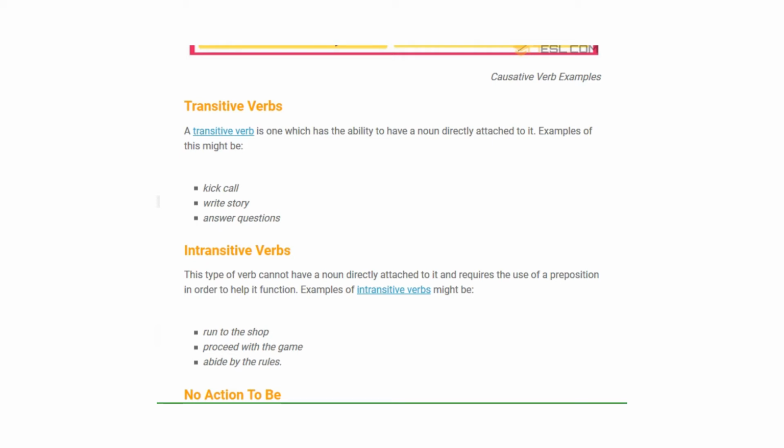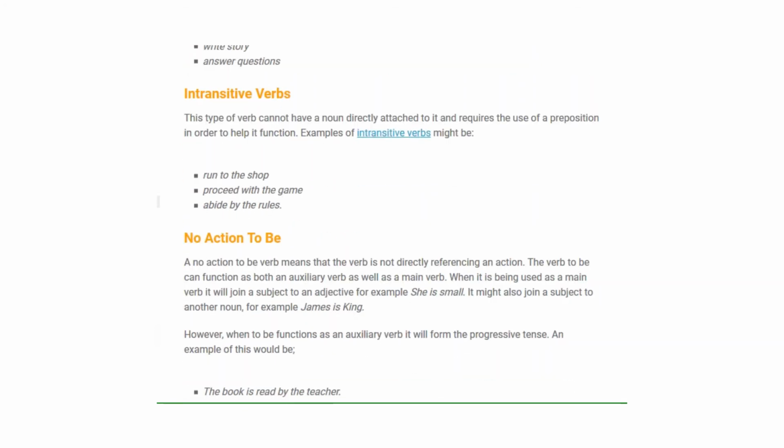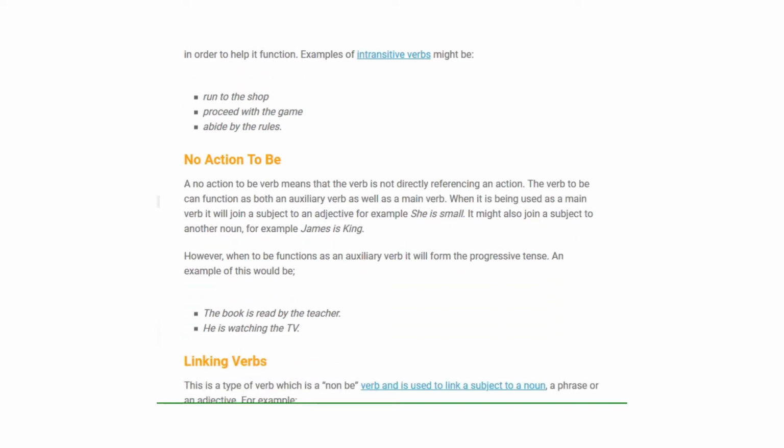This type of verb cannot have a noun directly attached to it and requires the use of a preposition in order to help it function. Examples of intransitive verbs: run to the shop, proceed with the game, abide by the rules.